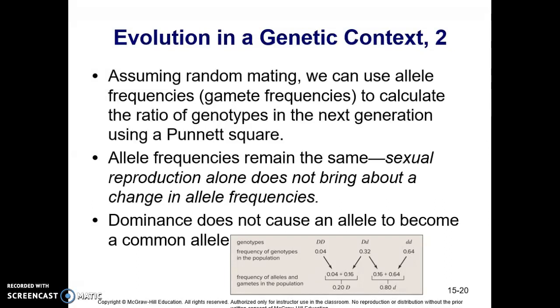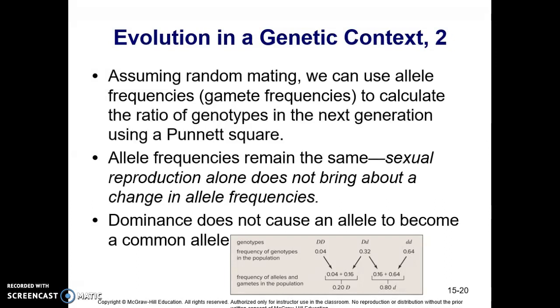Think about having a deck of cards, and you have 52 cards, half are red, half are black. If we shuffle that deck of cards, the order of the red and black will change, but they're still all there. Does that make sense? So the allele frequency is going to remain the same even through sexual reproduction.